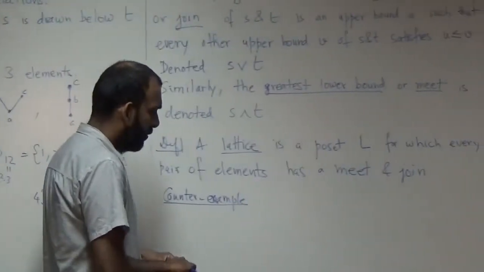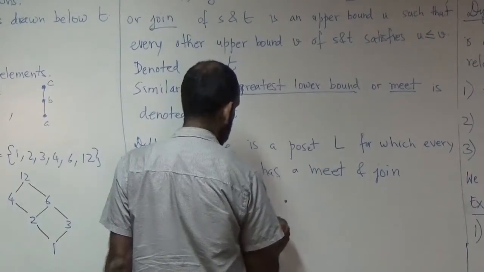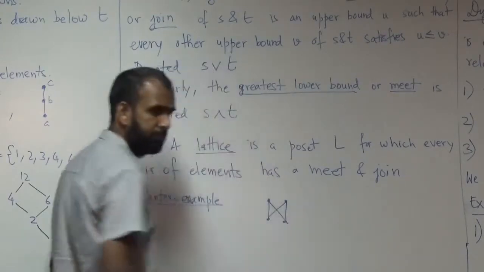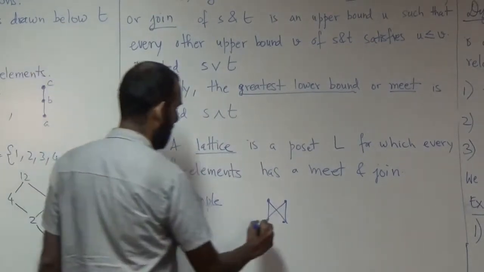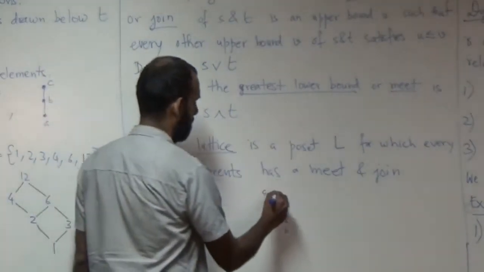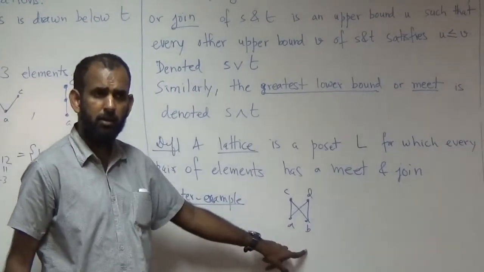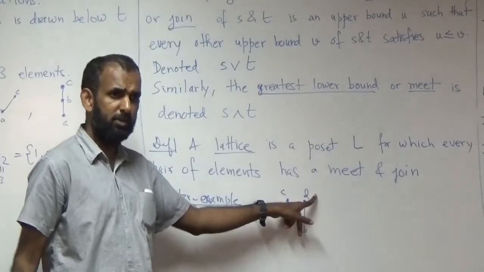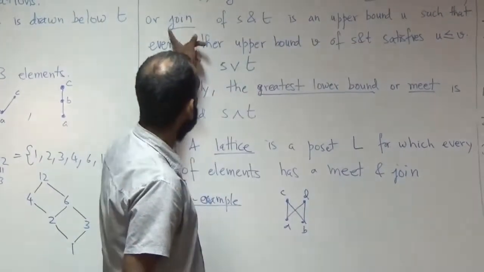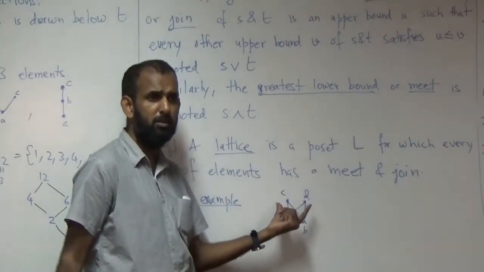But a more interesting example is the following poset. I take four elements with this Hasse diagram. So if I take A and B, C is an upper bound for A and B, D is another upper bound for A and B, but the criterion for least upper bound is not satisfied, because C and D are incomparable.